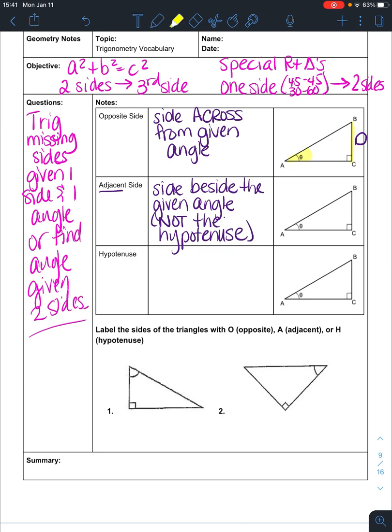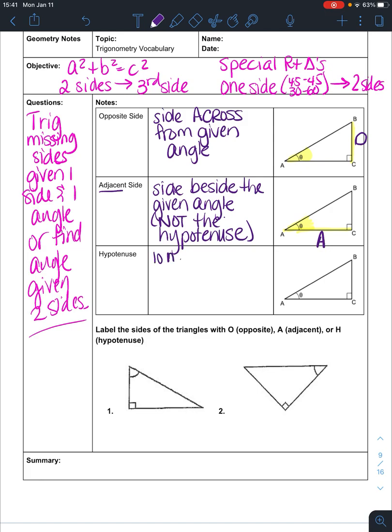If you look in this particular case, we have theta again, and I have two sides that are beside that angle theta. I have AB and I have AC. Well, we've talked about hypotenuse already, so we know which side is the hypotenuse. AC is our adjacent side, so we label it with an A.